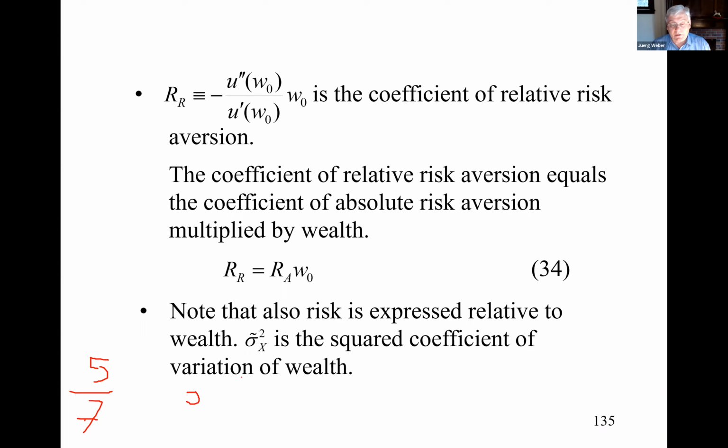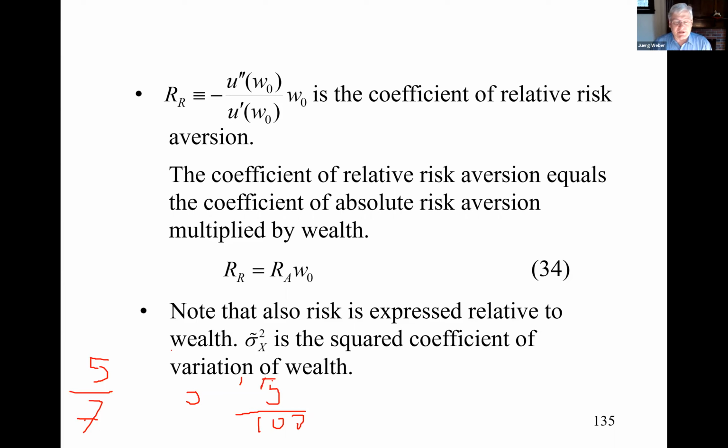Let's do that again. Let's assume the share price is 100. So if the share price is 100, then the standard deviation of 5 is naturally small. But if the share price is 7, a standard deviation of 5 is a lot. And so the standard deviations really don't tell you so much.